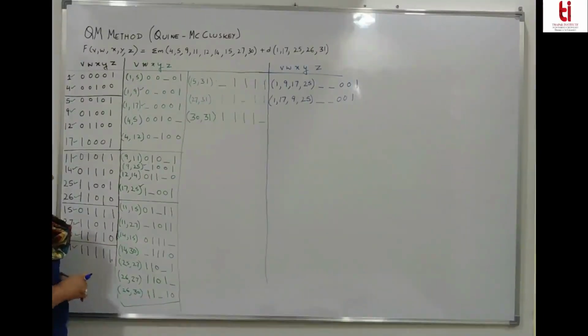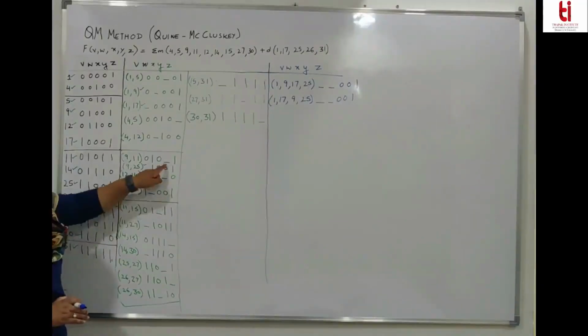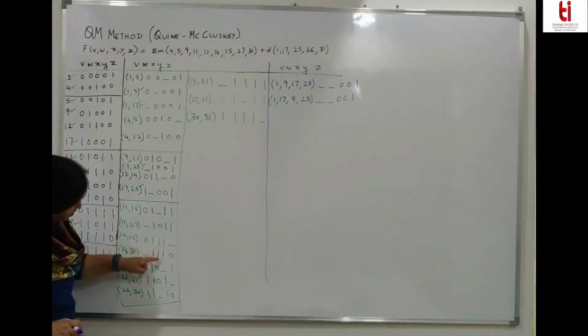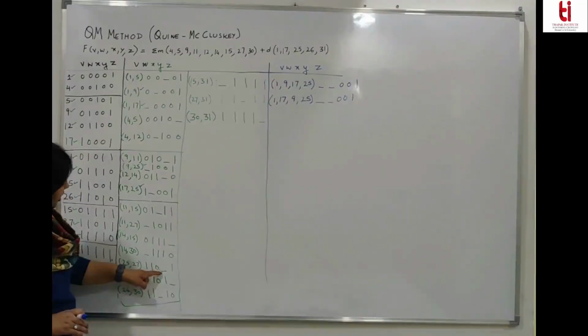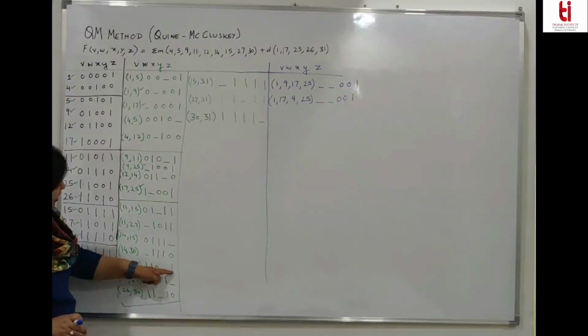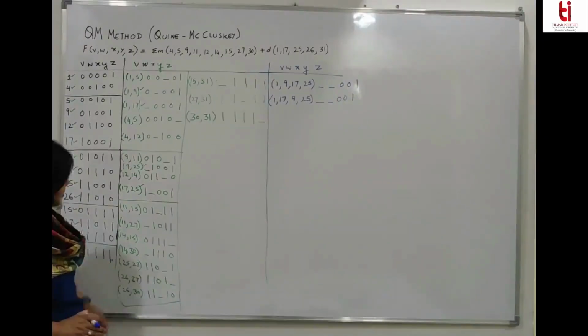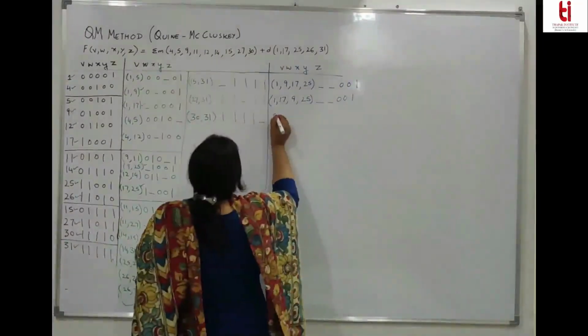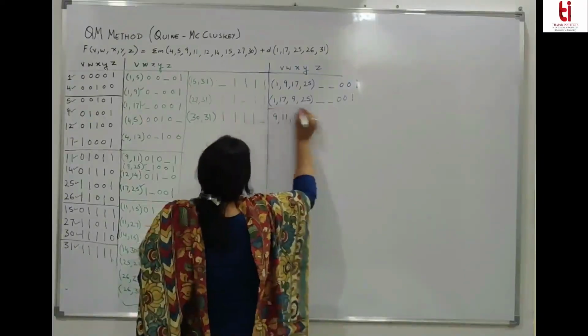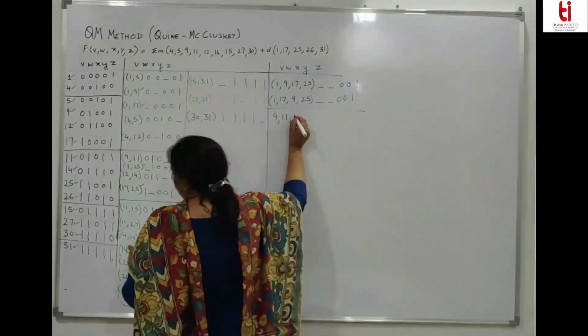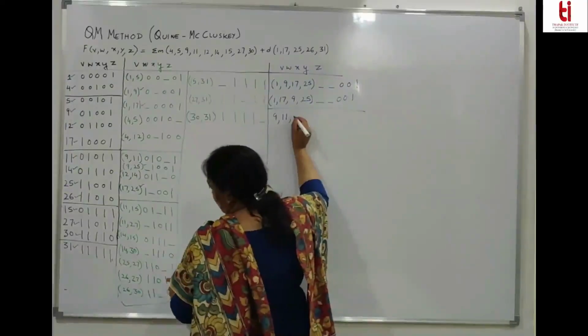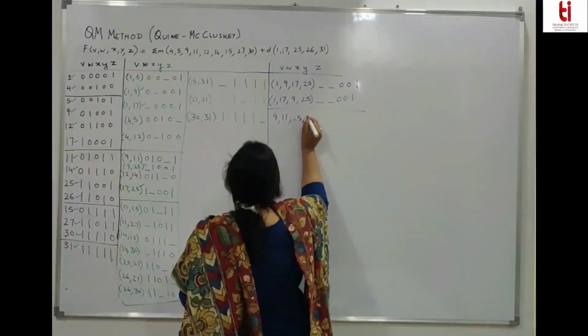Okay. अगला क्या है? If you see through this, dash is at this position. Second, 2 to the power 1. Any dash at second position? This one. Can you combine 9, 11, 25, 27? This bit is same, this is same, this is same. Yes. 9, 11, 25, 27.